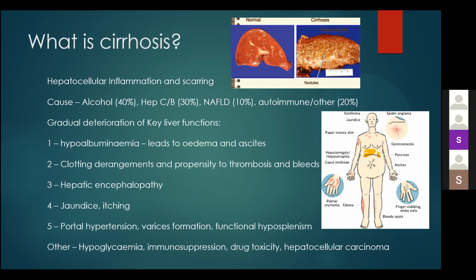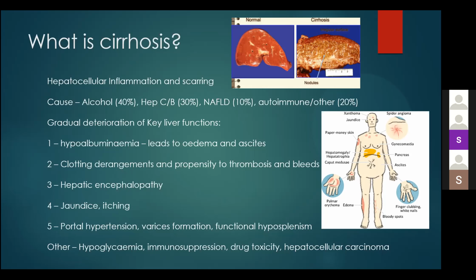But bearing in mind that although alcoholics only make up 40% of the cirrhotic patients, they do present with over 80% of the decompensated cirrhoses in the department. And that's usually due to ongoing liver damage from continued drinking or other health problems. So the vast majority that we see will be those patients with alcoholic liver disease.